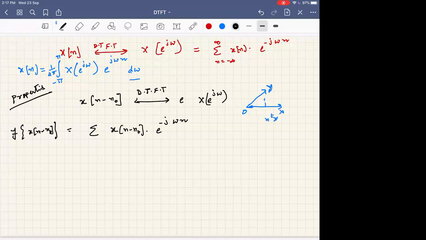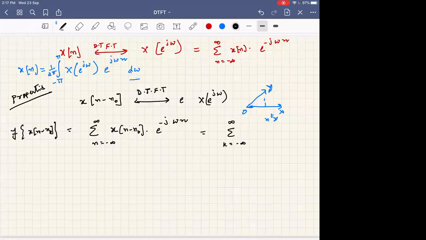Sometimes the forward definition is useful, sometimes the inverse definition, that is x of e power j omega to x of n, is useful. Here n is equal to minus infinity. So what do we do now? Limits change, variables change.